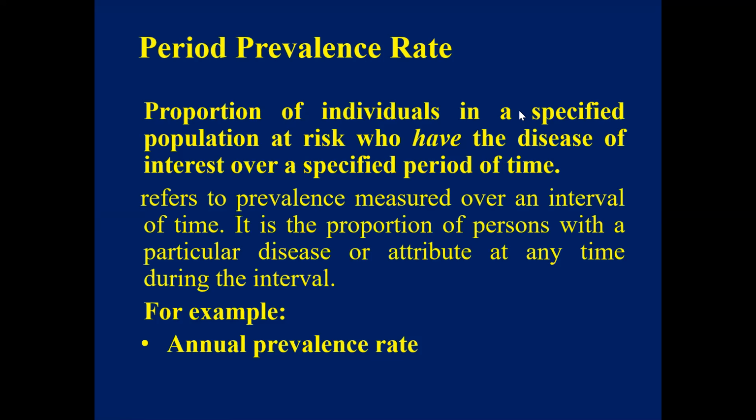You can calculate an annual prevalence rate, or a lifetime prevalence. There the time is involved, and you are looking at the persons with a particular disease over a time interval. That is the difference, whereas in point prevalence we are not considering the time interval. We are considering how many had that particular disease at that particular point of time.